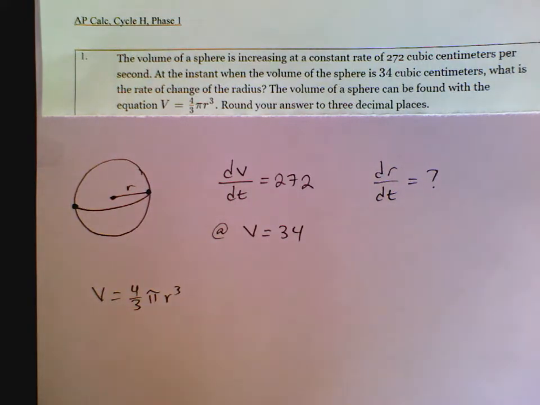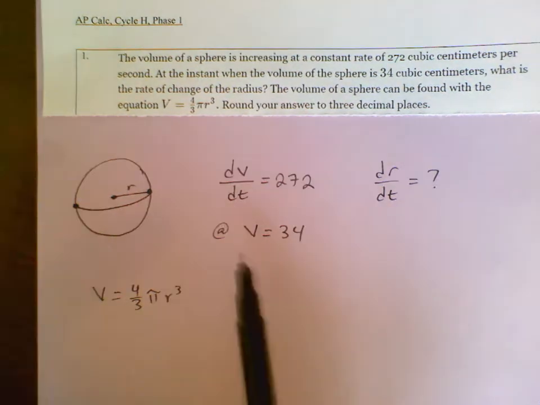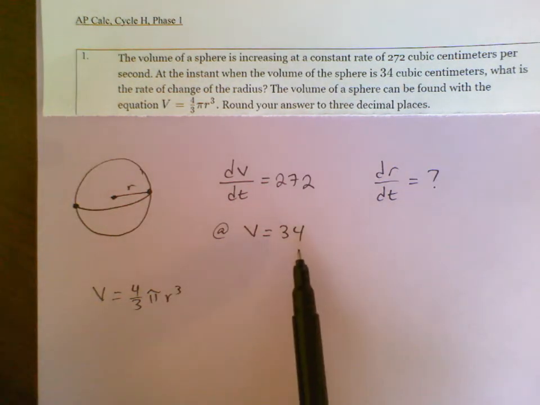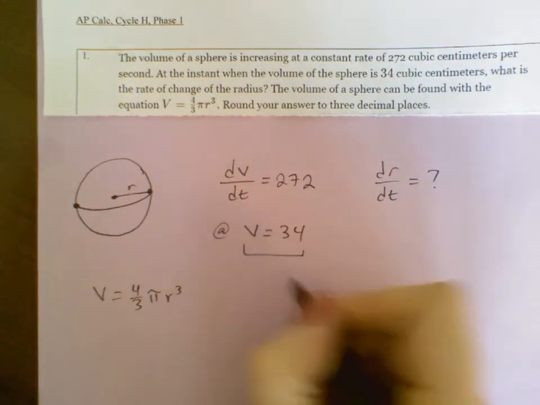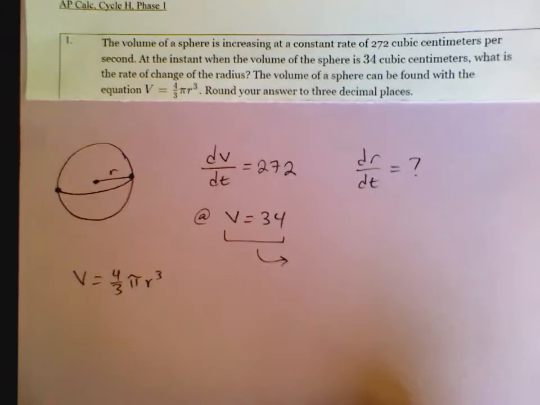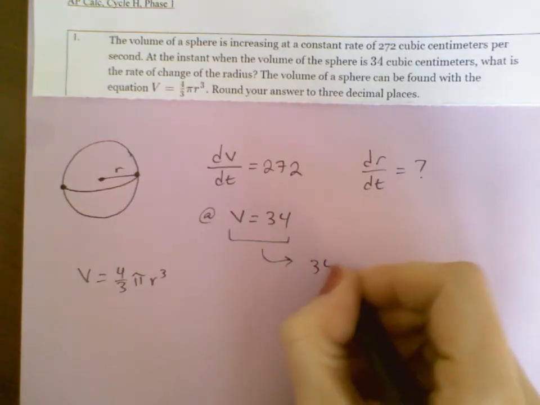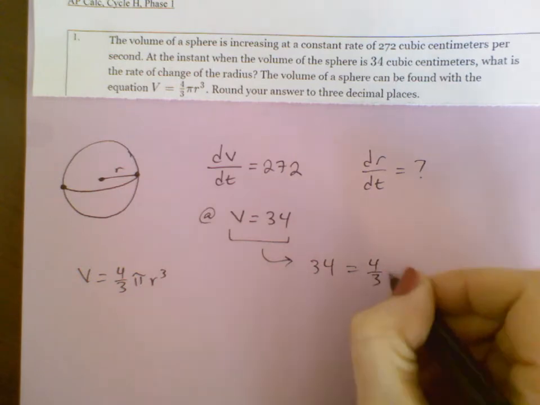So we should find it now, and then maybe we'll use it later, maybe we won't. And the more of these problems you do, you'll get a sense of when you'll need something and when you won't.